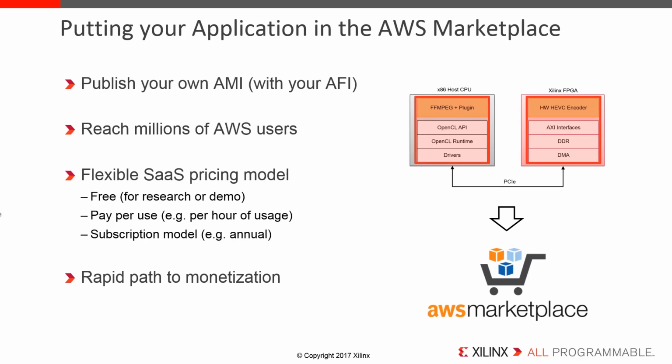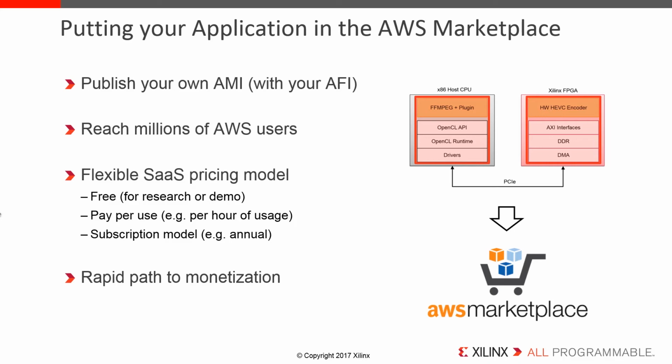To summarize what we have covered so far, the FPGA program is compiled, encrypted, and registered as an AFI. The host application, for example, a framework plugin, interacts with the FPGA using OpenCL. Once you have the two working together, you're ready to create and publish your own AMI.